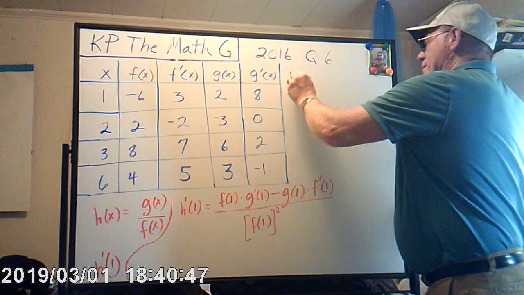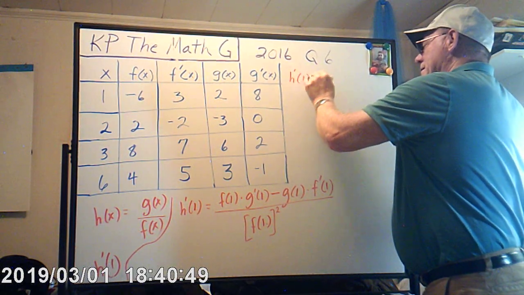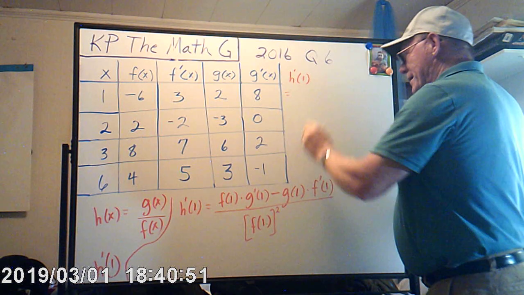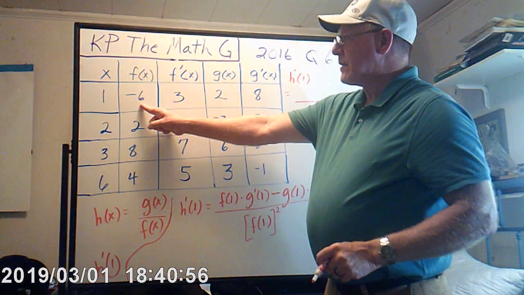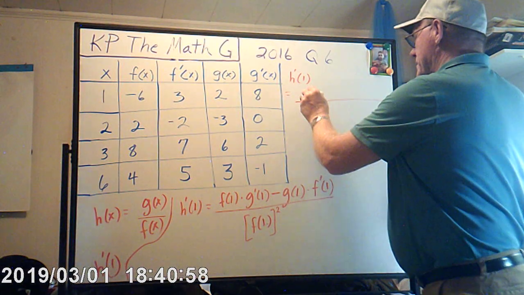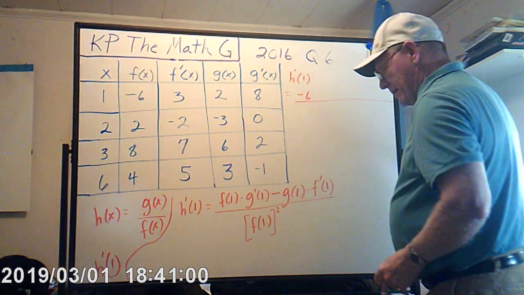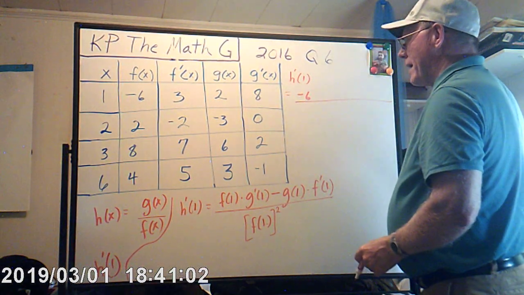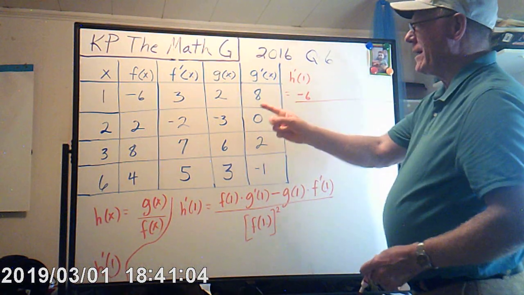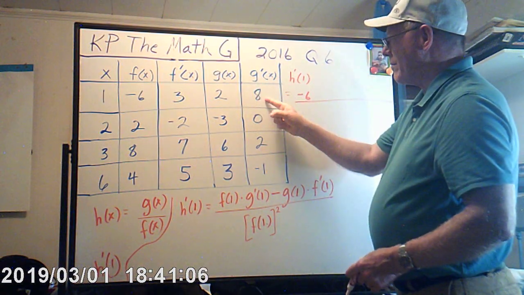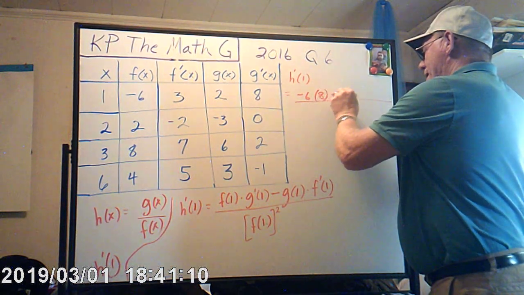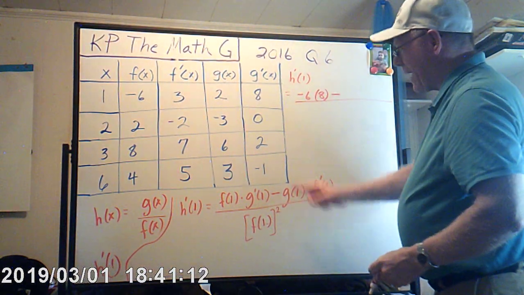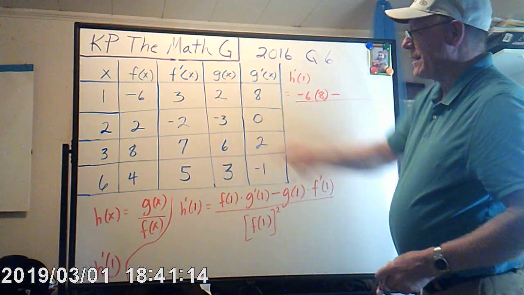Alright, so h prime at 1 equals f at 1 is -6. Alright, g prime at 1. Now not g, but g prime at 1 is 8. Alright, minus sign. Now g at 1 is 2.